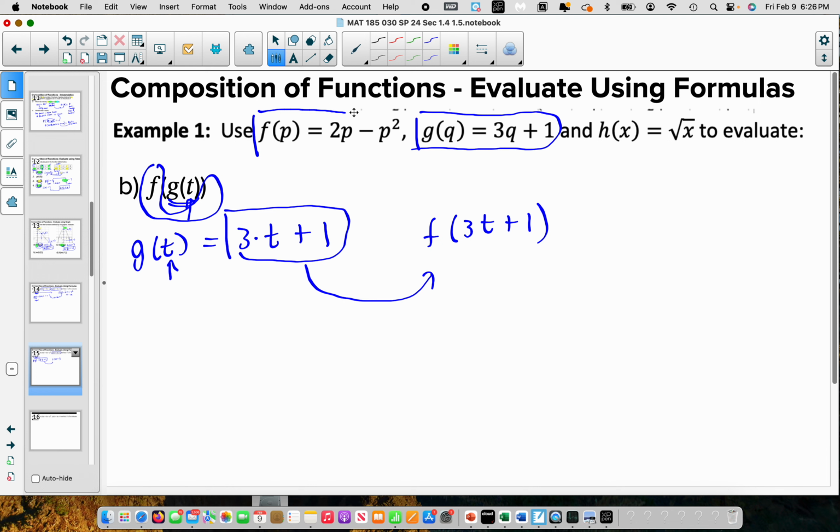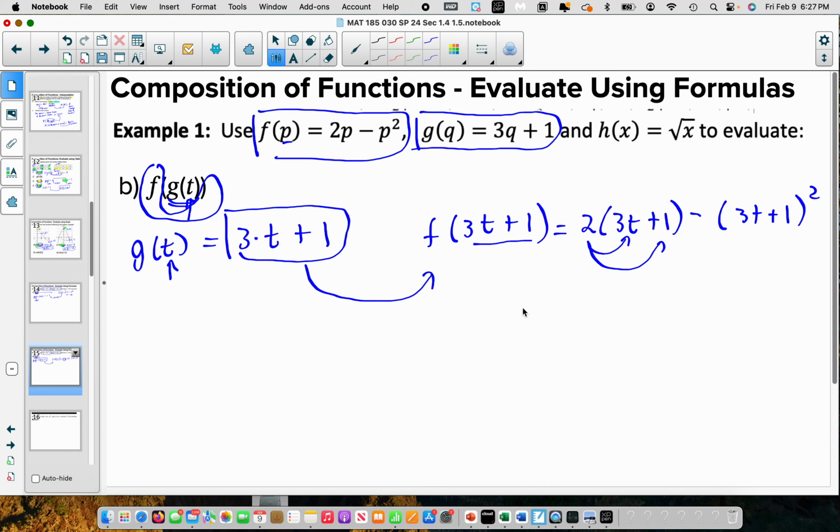Okay, here's my f function. So everywhere I have a p, I'm going to put a 3t plus 1. So this equals 2 times (3t plus 1) minus (3t plus 1) squared. Let me expand this out. Okay, I'm going to distribute that 2 inside the parentheses.